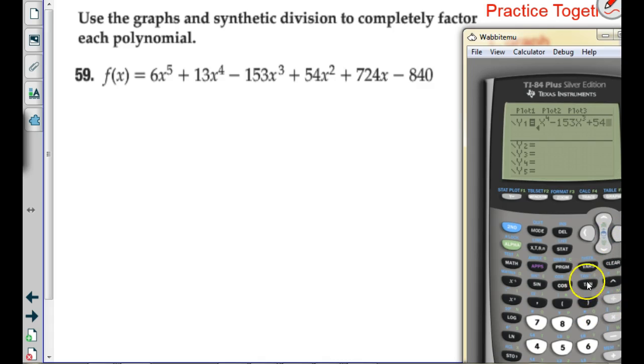Did you find zeros? Not one person found a single zero.